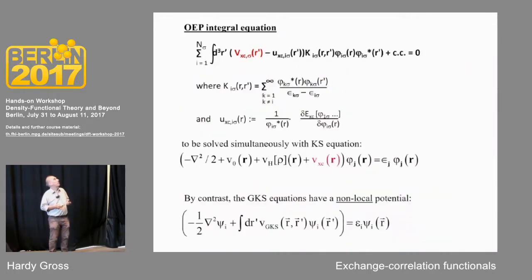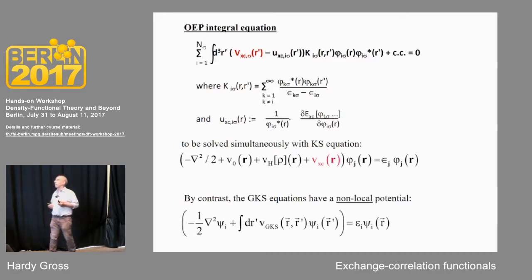Here's this OEP equation. You have to solve this equation, where here enters the functional derivative of the given orbital functional, and solve this simultaneously with the Coulomb equation. It's numerically very delicate and difficult, but can be done.